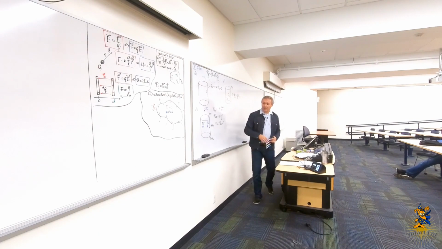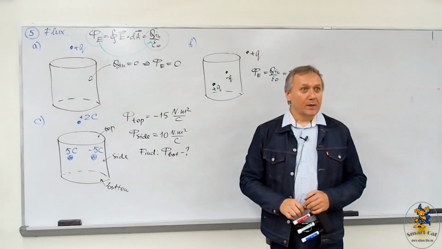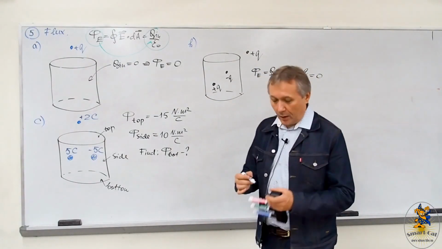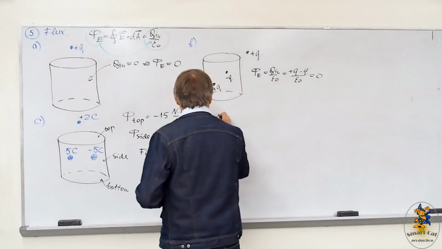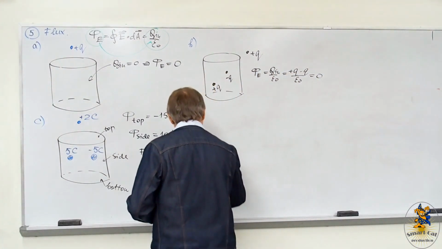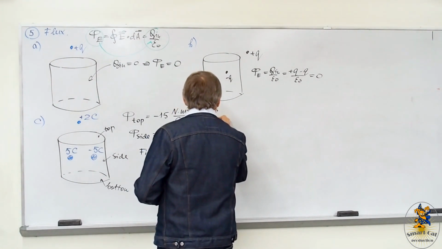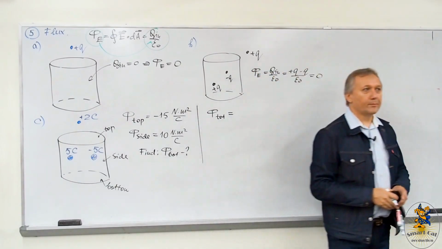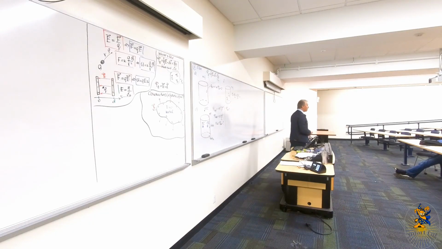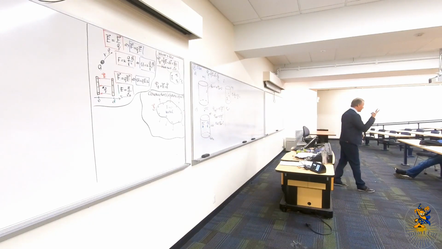So this is slightly more complicated. But anyway, let me separate it like this. How can we write the total flux through the whole cylinder? Of course, we can divide it into three parts, right?